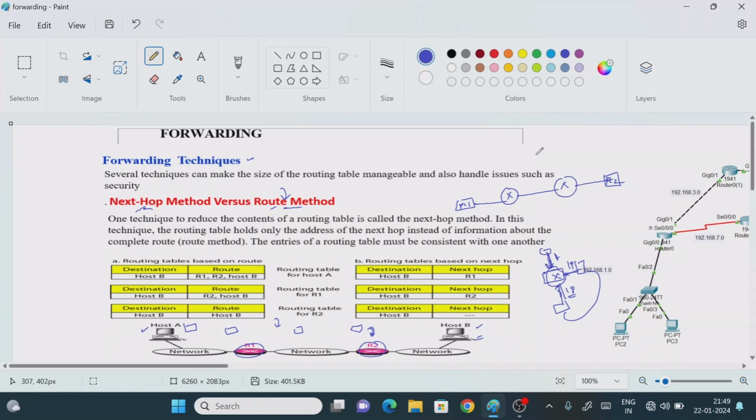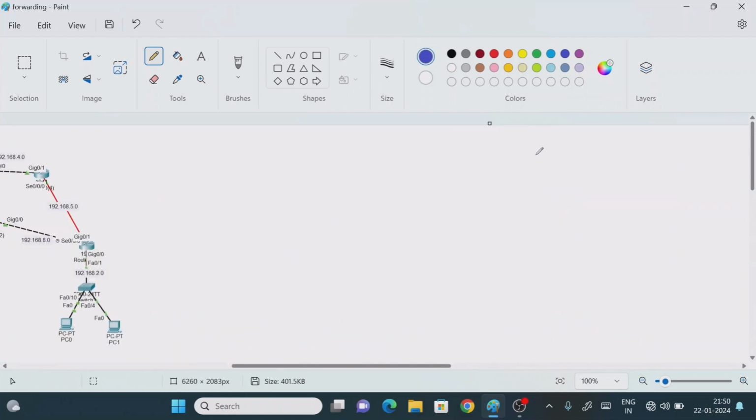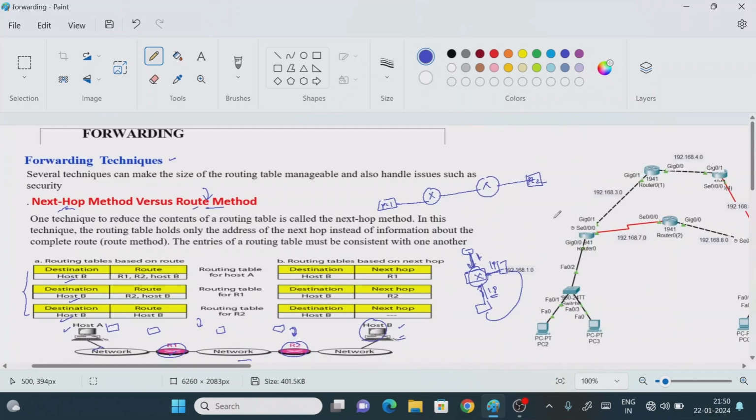In case of the route method, if you observe here, my final destination should be host B. But here we need to tell in which path or via where to reach this particular host B. In the route method, each and every network device, whether it is a router or any other device, should have the complete database of the remaining network.